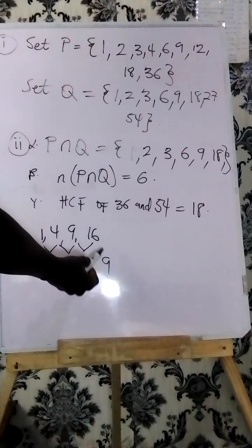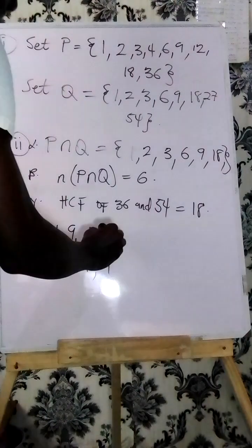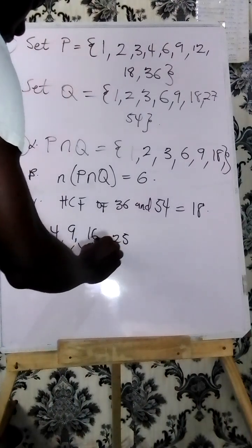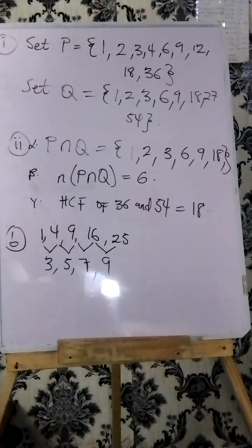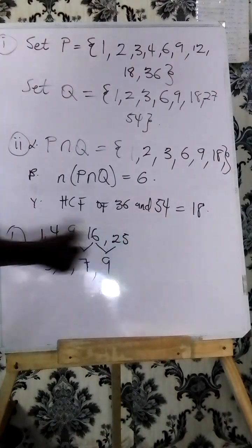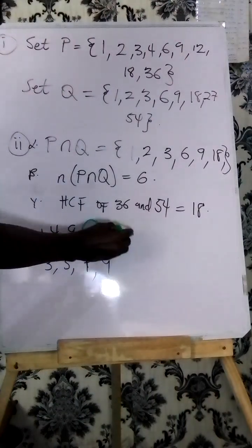Now, what number has a difference with 16 of 9? It is 25, okay? So now we can have our next two numbers to be 16 and 25.